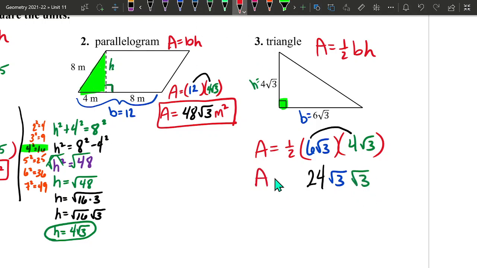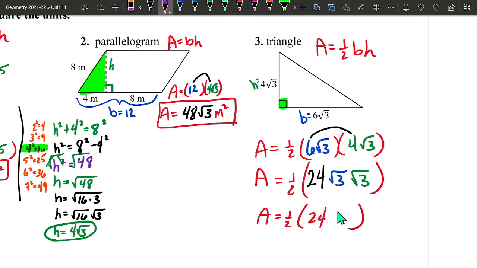I'm just doing this one step at a time. And when you agree that square root of 3 times the square root of 3, I could call that the square root of 3 squared. So A equals 1/2 of 24 times the square root of 3 squared.